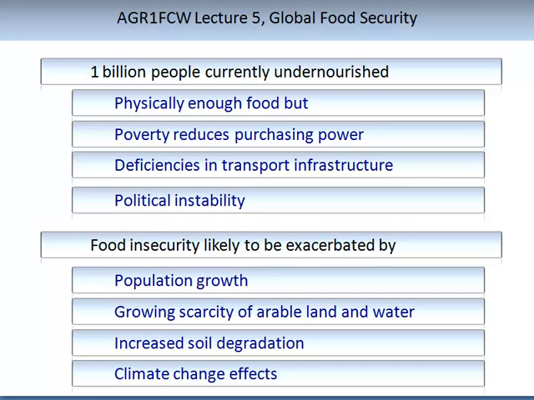Food insecurity is likely to be exacerbated by population growth, the growing scarcity of arable land and usable water for agriculture, increased soil degradation, and climate change effects.